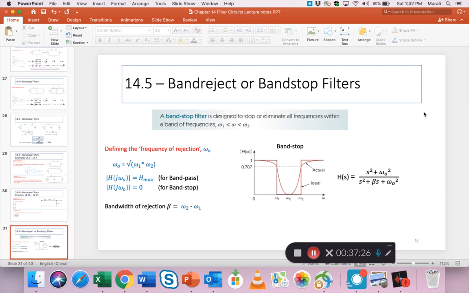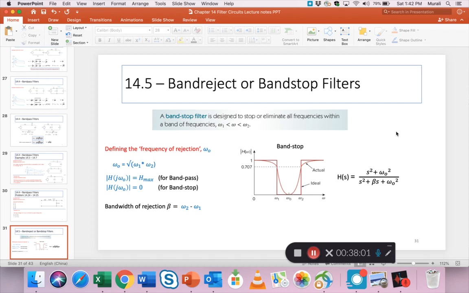Now clearly, ideally it will be like this square wave where everything is stopped, but in the actual world, you're never going to stop everything fully, but you will attenuate or decrease their magnitude so much that you can say, okay, they don't contribute too much to the output, because the magnitude of the gain, the output by input, is dropping towards zero pretty fast.